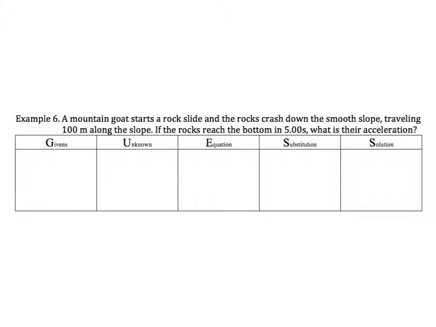In our final example, we have a mountain goat that starts a rock slide and the rocks crash down the smooth slope. The rocks are traveling 100 meters along the slope, and if they reach the bottom in 5 seconds, we want to know what their acceleration is. So we're looking for acceleration again. But this time, what I have is delta x.